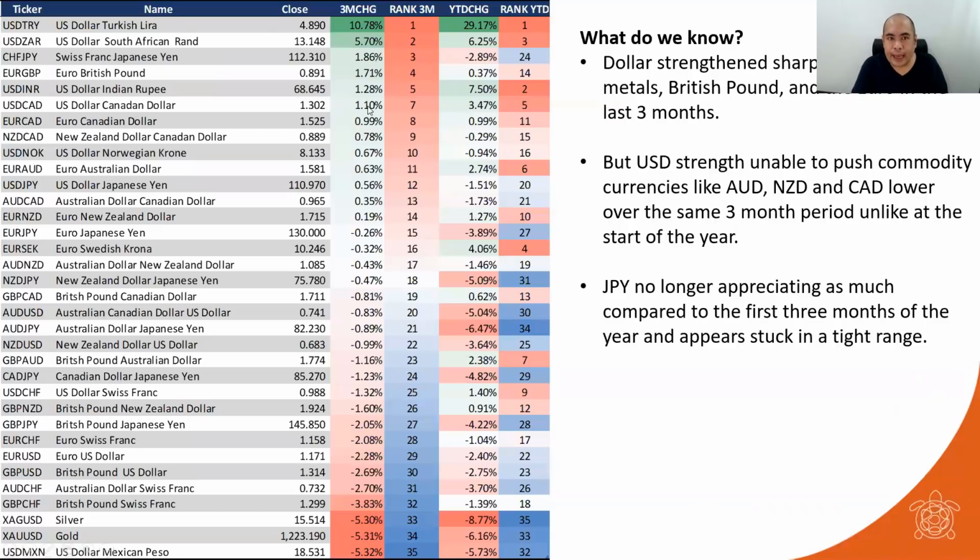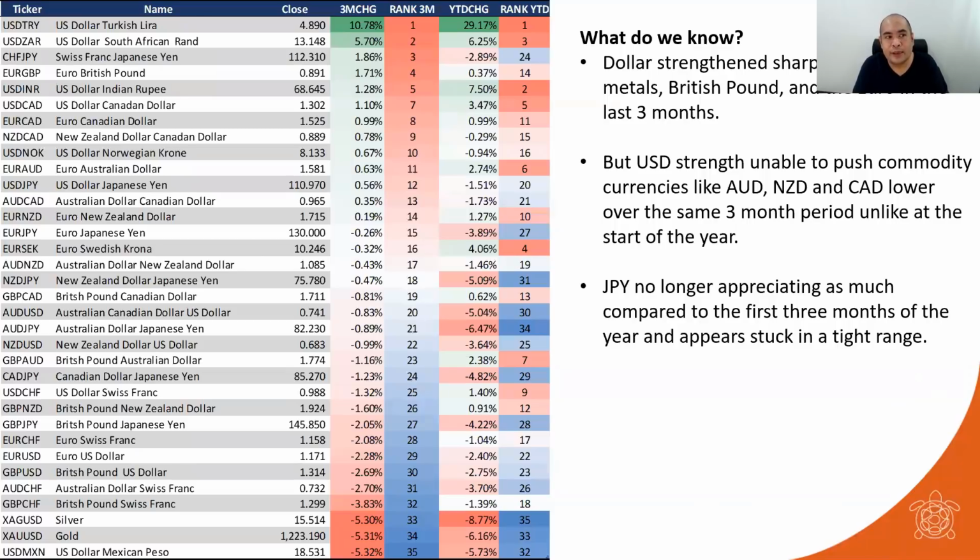So for example, in this slide, what I'm basically showing you is that you can have your year-to-date returns, you compare that with your 3-month returns, and then you try to identify the themes, the stories, and the momentum within your universe. Basically, what you can see here is that the Turkish lira, it's up 29%, but it generated its return over the past 3 months. So it's still strong. The strength of the dollar Turkish lira is still cascading over the past 3 months.